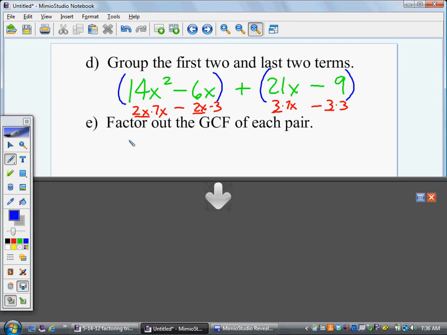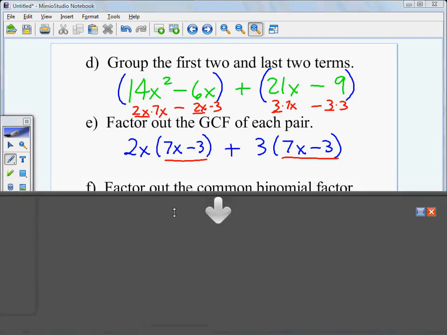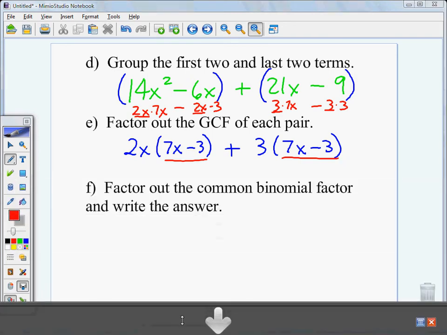So that's going to give us 2x times 7x minus 3, and then the common factor of 3 times 7x minus 3. And what you want, ideally, is to have these two binomials be the same thing. And then the last step, you factor out the common binomial factor.